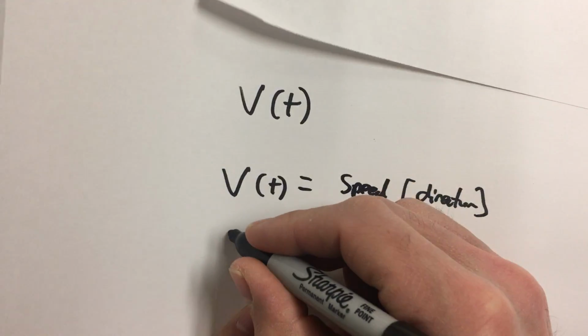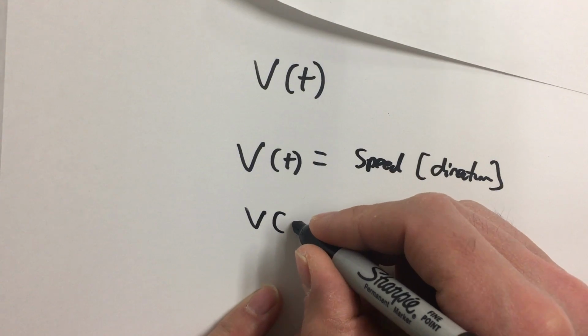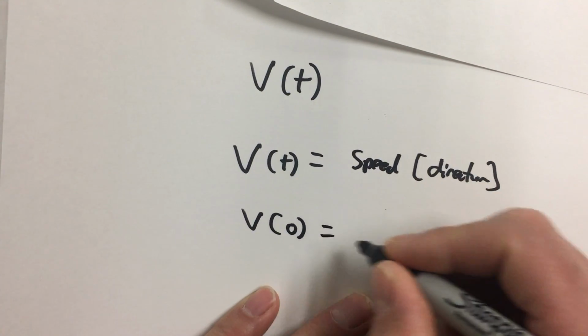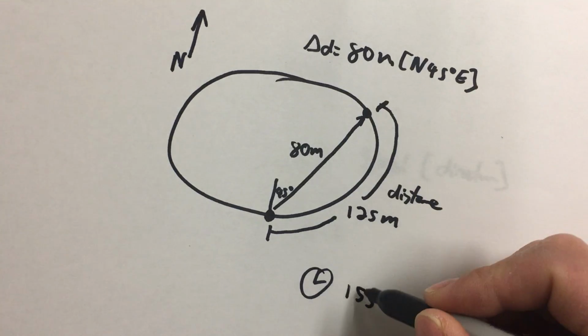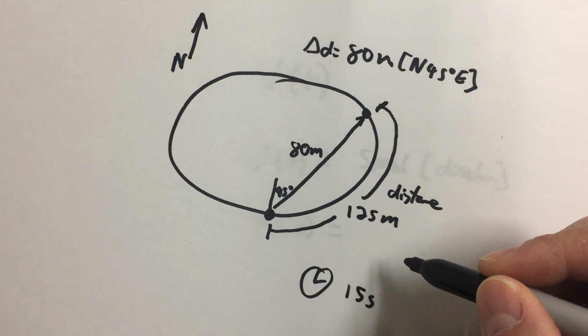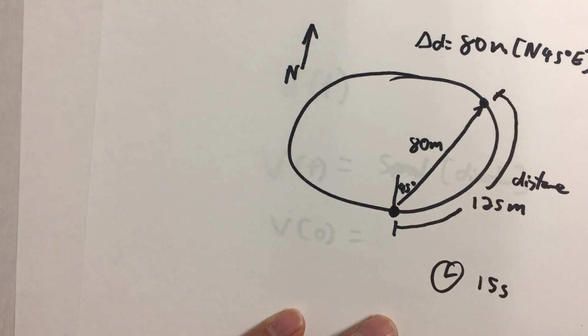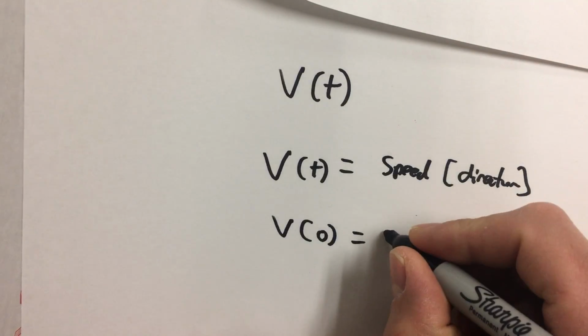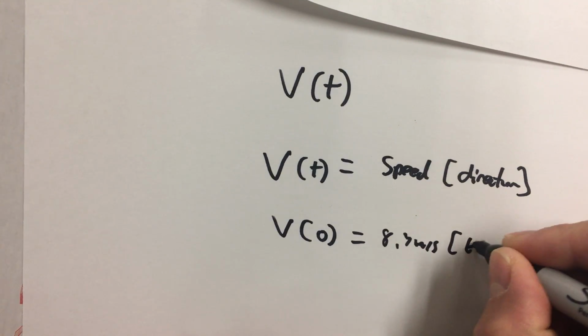If I look at the instantaneous velocity at time equal to 0, remember we calculated our speed as 125 over 15, so our speed was 8.3 meters per second. When they started out running, they were going due east, so the instantaneous velocity was 8.3 meters per second east.